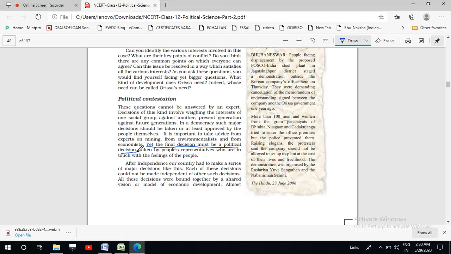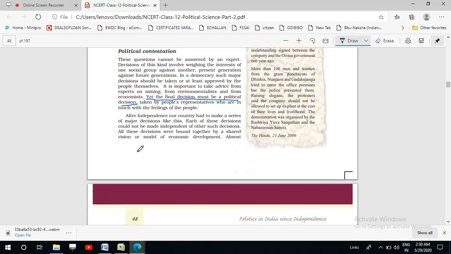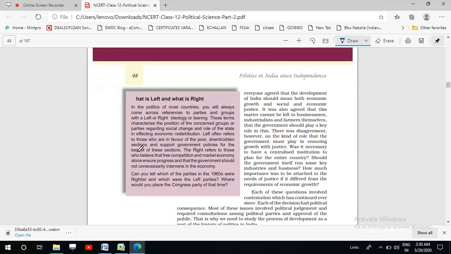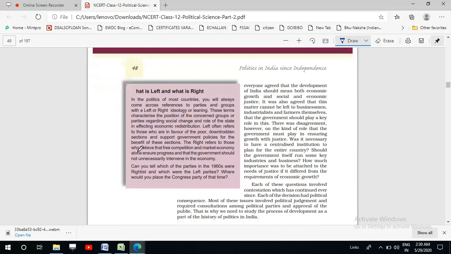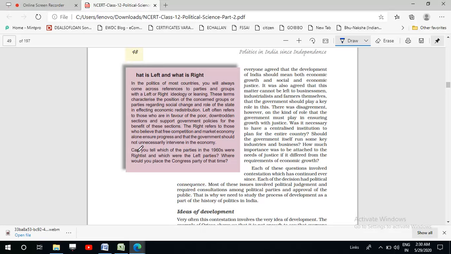So, first of all, what is required? The first requirement is that we must have a model of economic development. Then, according to that model of economic development, we should take decisions which are suitable for that model. So in India, when India became independent, we had the need of economic development.